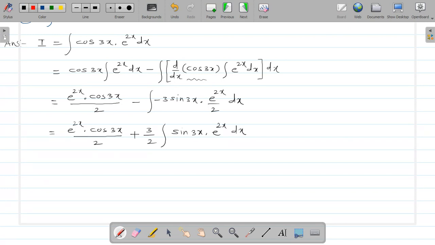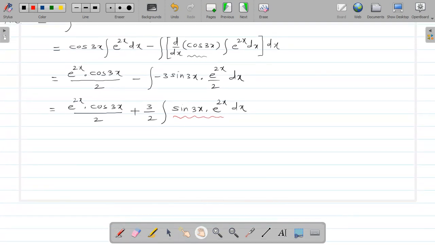But here we have to apply the integration by parts rule again, because we get a product of two functions. So again, see here, e raised to 2x into cos 3x upon 2 as it is, plus 3 by 2, now I will write the integration in curly bracket. Sin 3x is the first function and e raised to 2x is the second function by the LIATE rule.